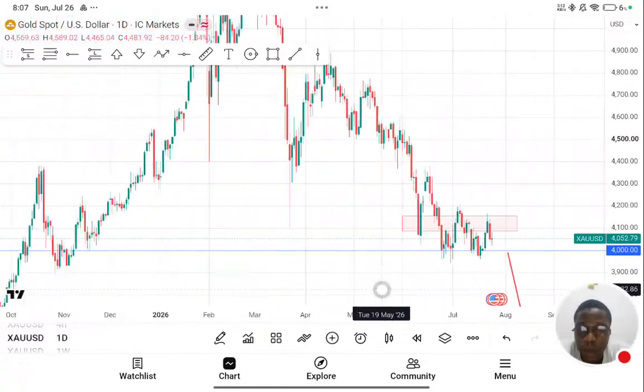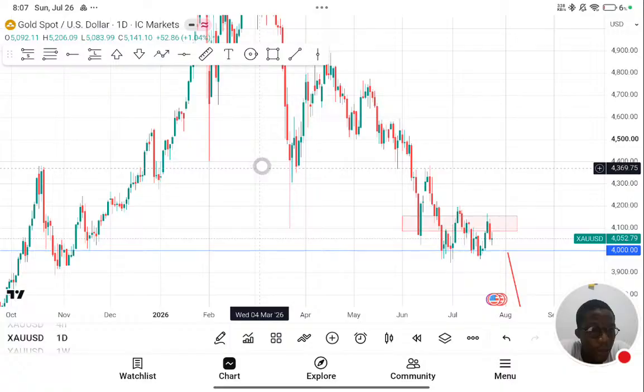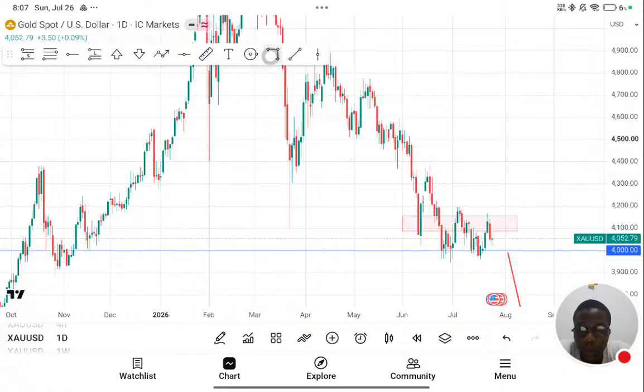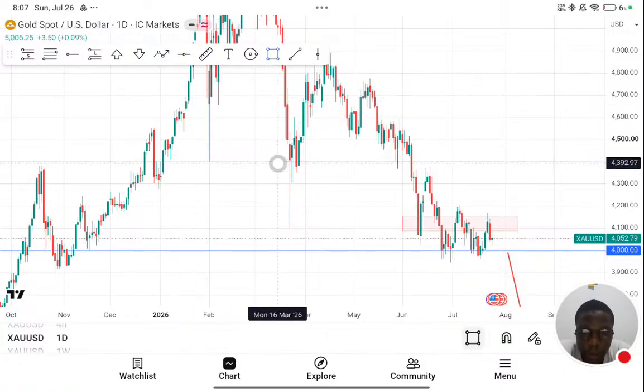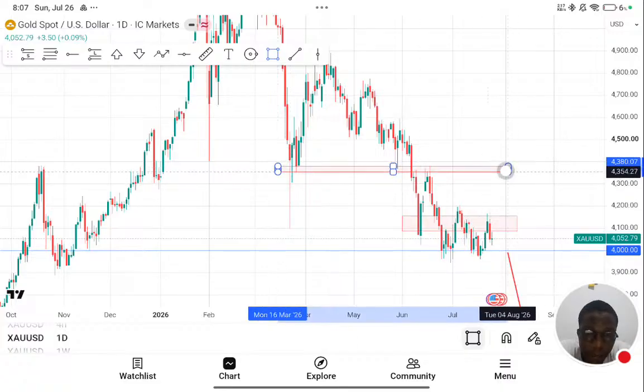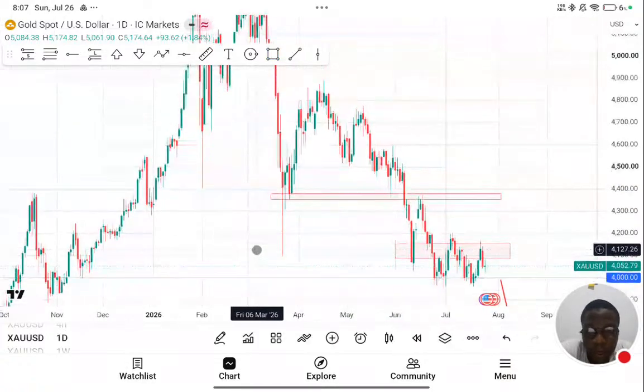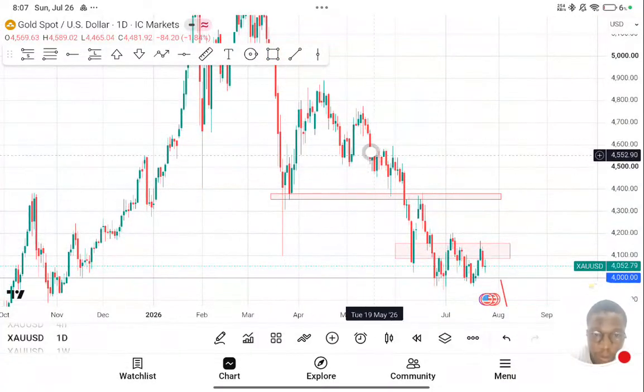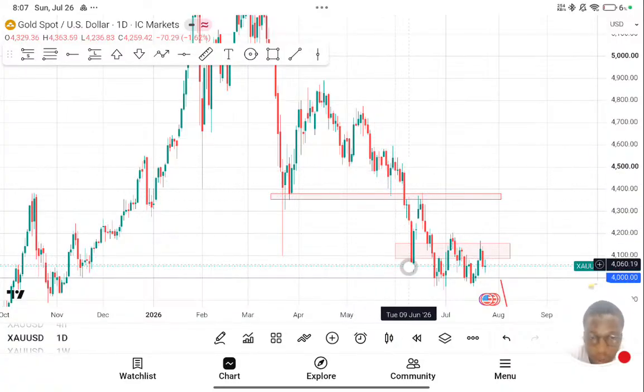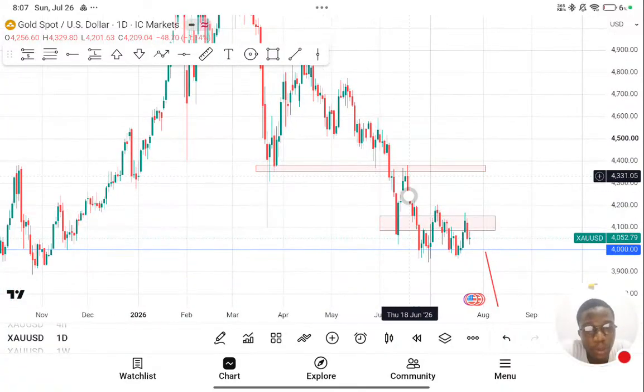That was how we were thinking 4,400 was going to hold. If you are a friend of history, at some point it was looking very not possible for price to break this level. But long story short, it broke it.